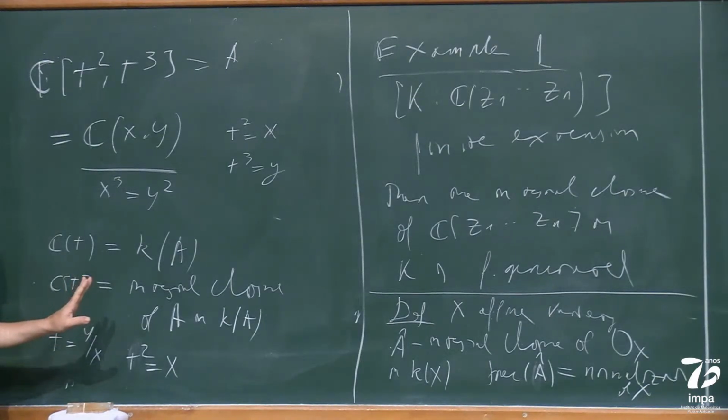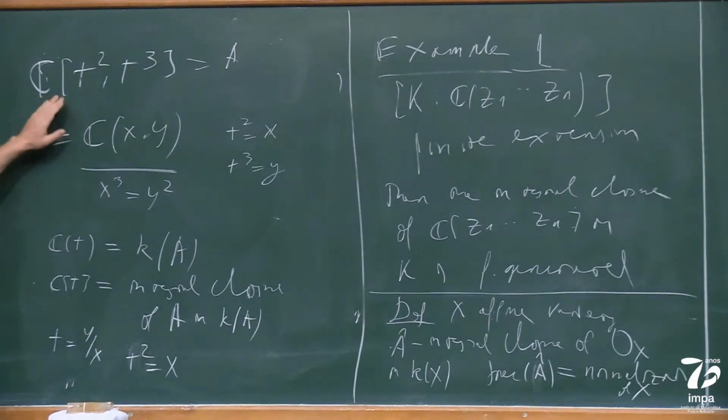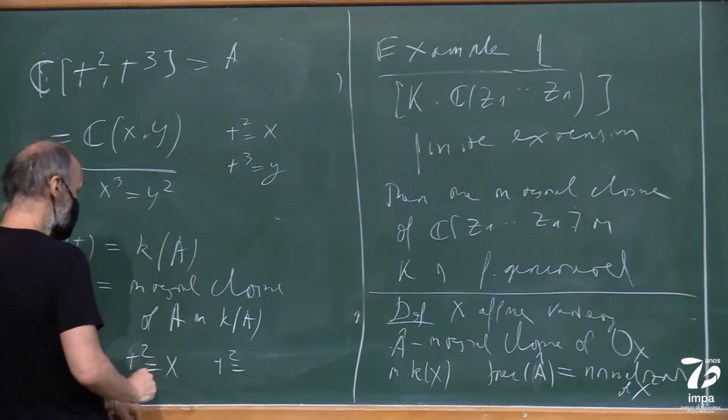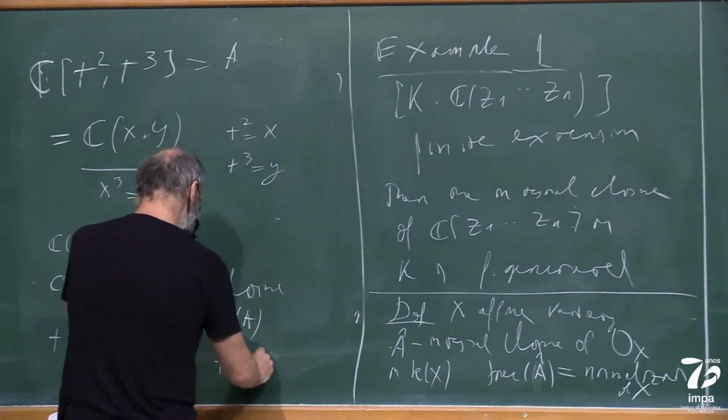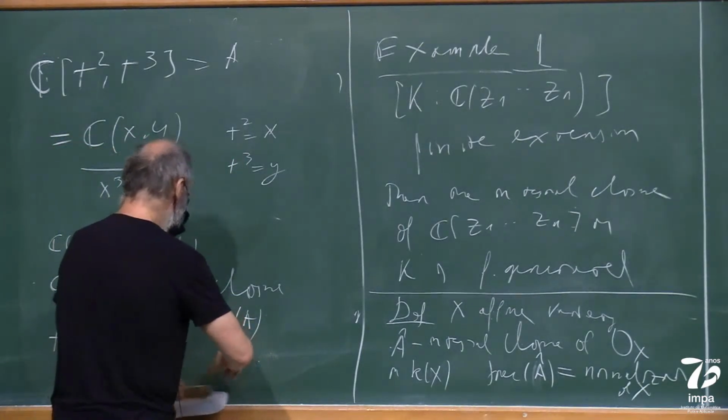Clear so far? Now you have this t equal to y by x. It doesn't belong to this ring, because the ring starts from t squared and t cubed, but it belongs to the field of fractions. But then t squared satisfies a monic relation, by this relation.